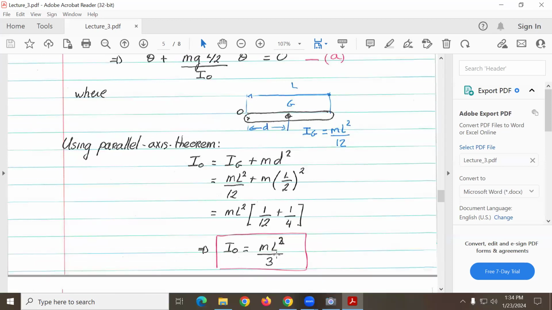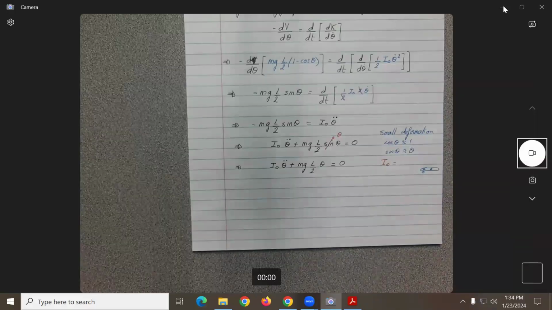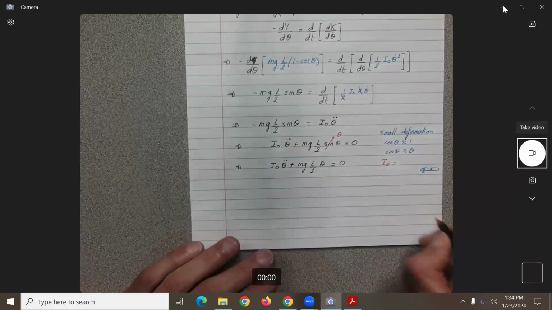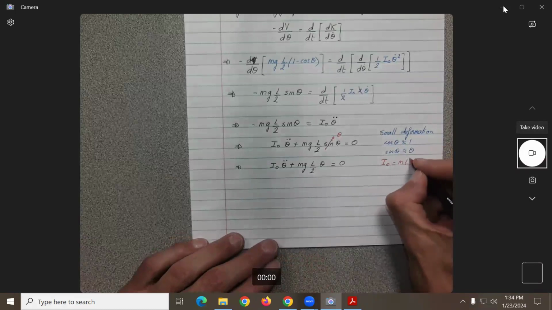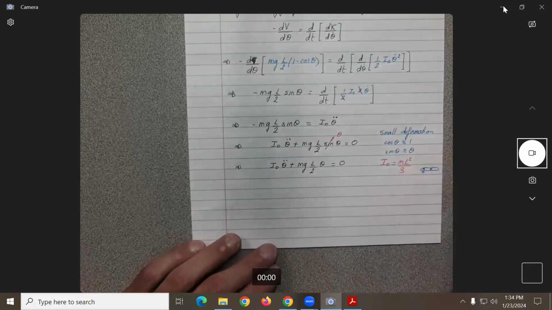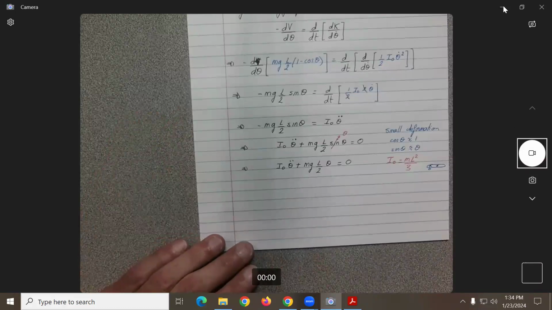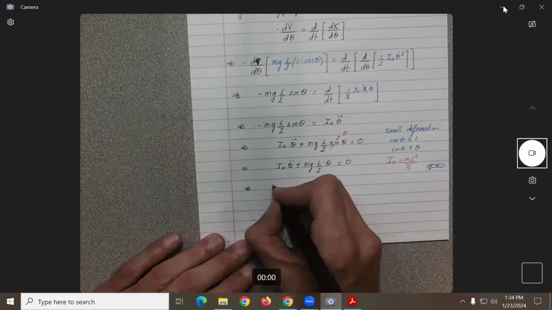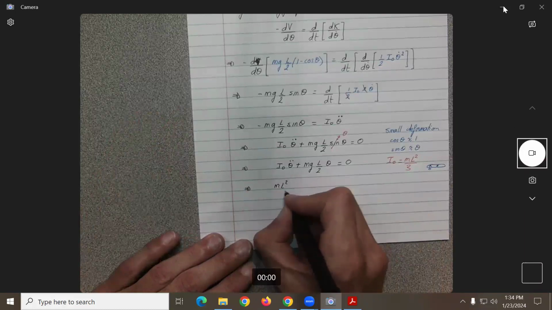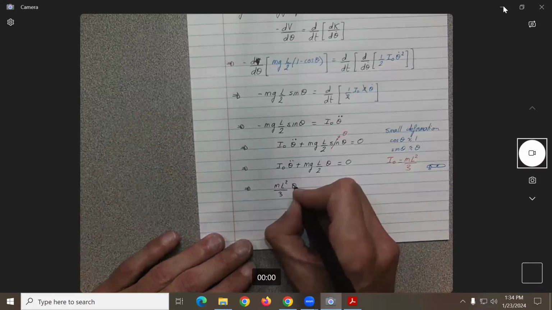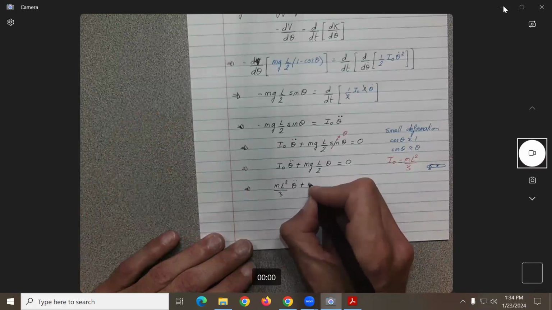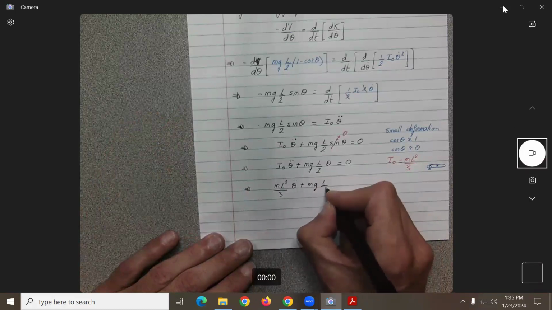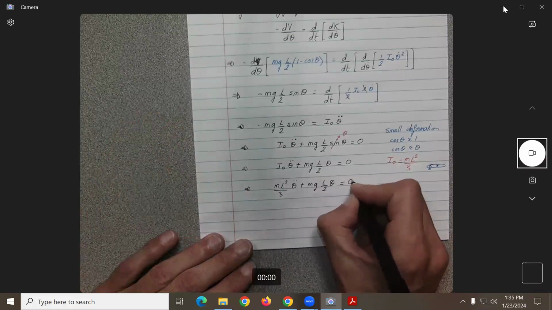I sub naught is mL squared over 3, no? But if you leave it this way, this is correct as well. It's just so that we have the same form as last time. So it will be equal to mL squared over 3 theta double dot plus mg L over 2 theta equal to 0.